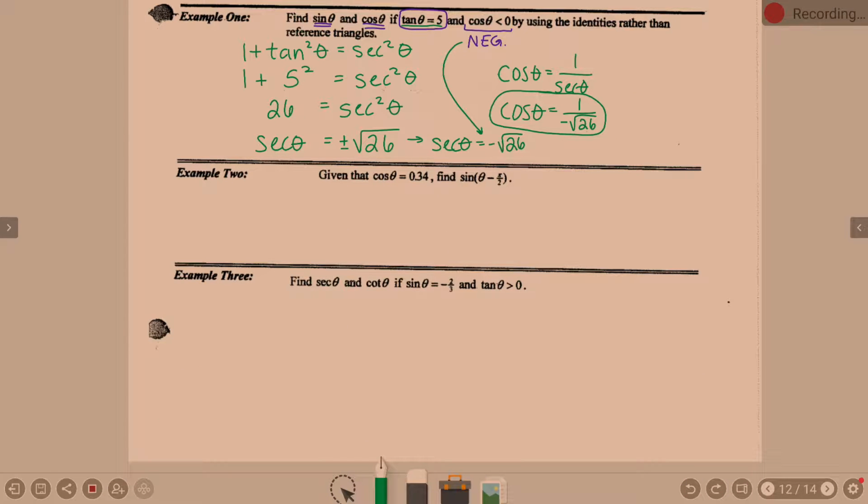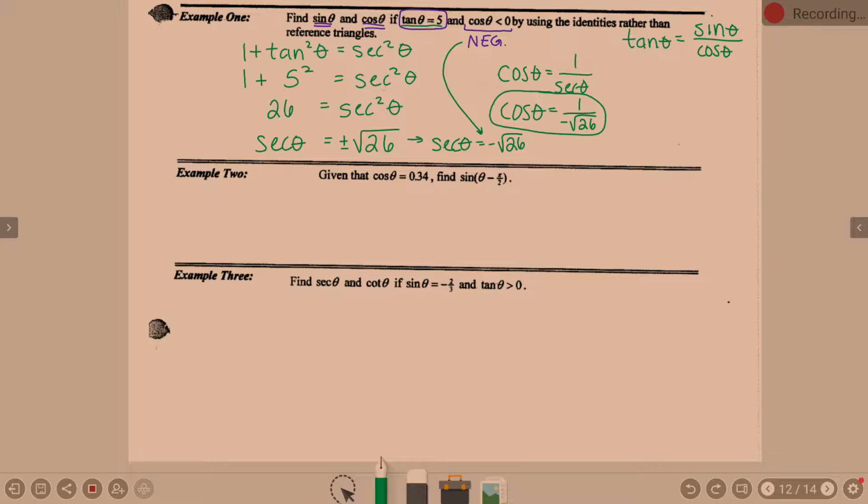So the identity I would use is that tangent of theta is equal to sine of theta over cosine of theta. And again, if you want to go with the Pythagorean identity, more power to you. It works. It's perfectly fine.